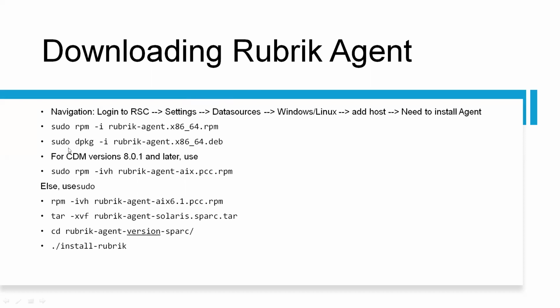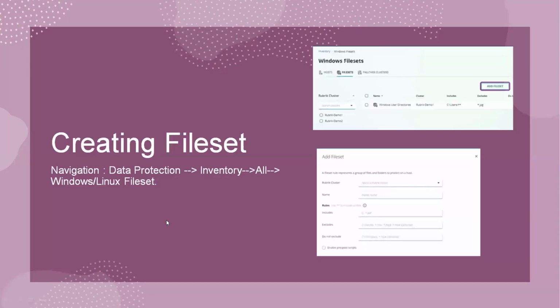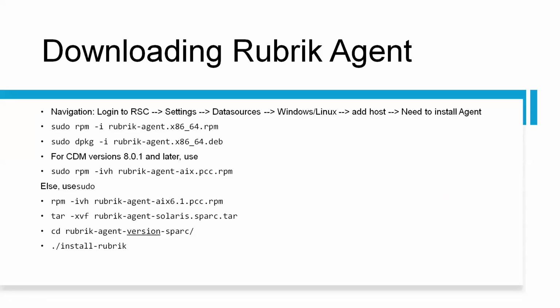Below, these are the commands to run to install the RBS agent on Linux and AIX servers. You can follow this. Then we can add the server, same path, Add Host, and you can see one option, I already installed agent on the host.